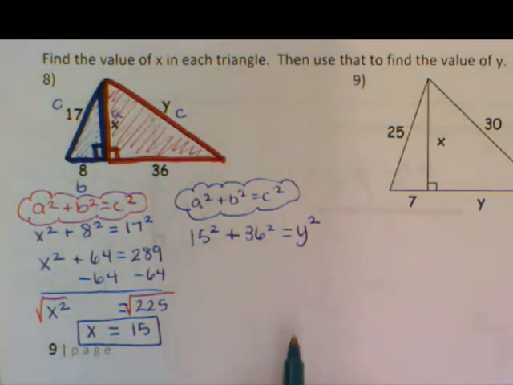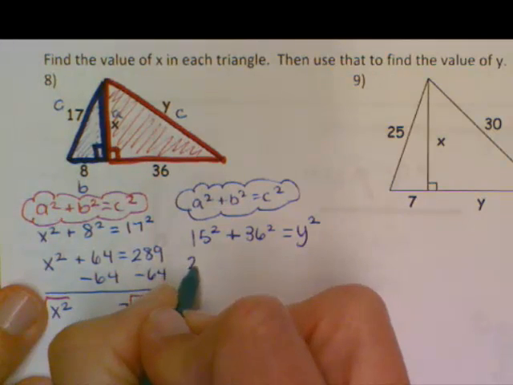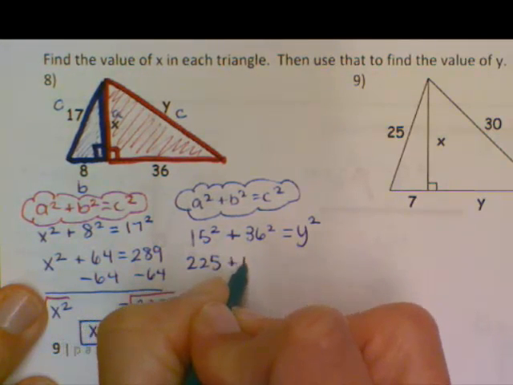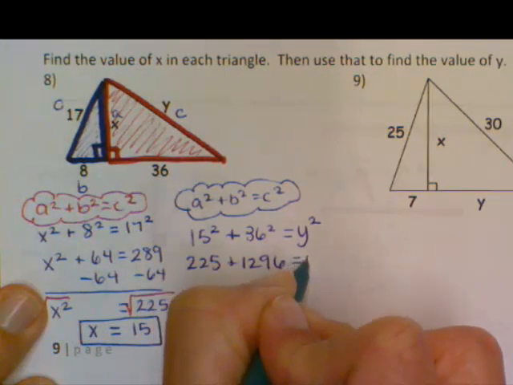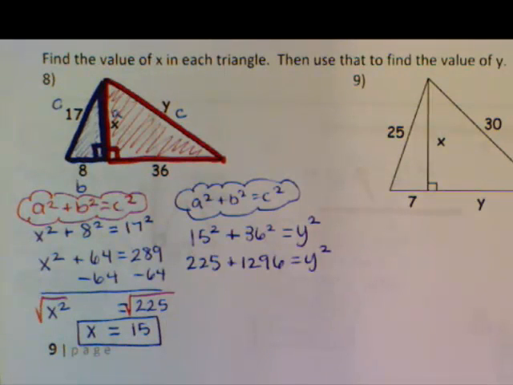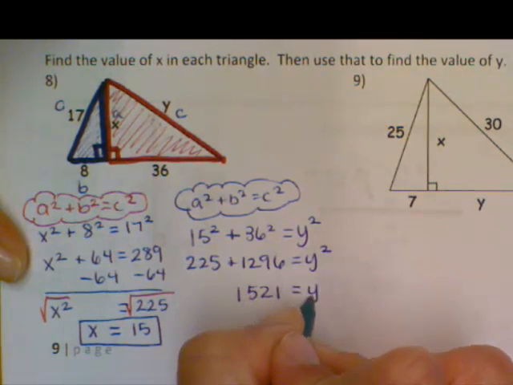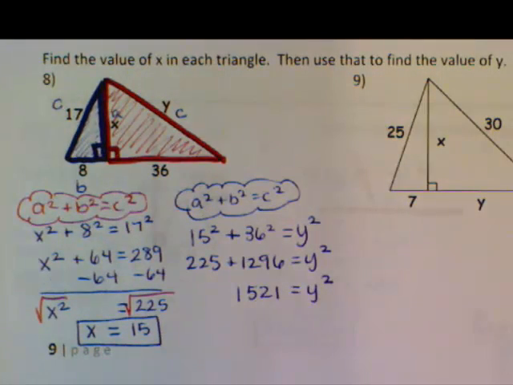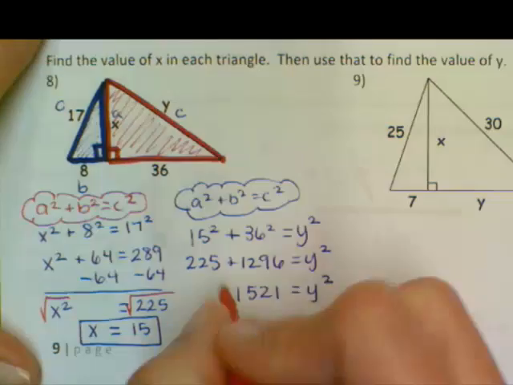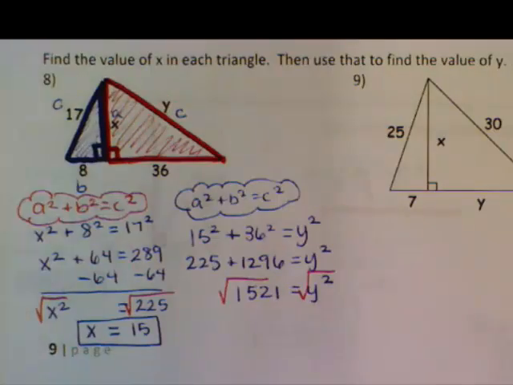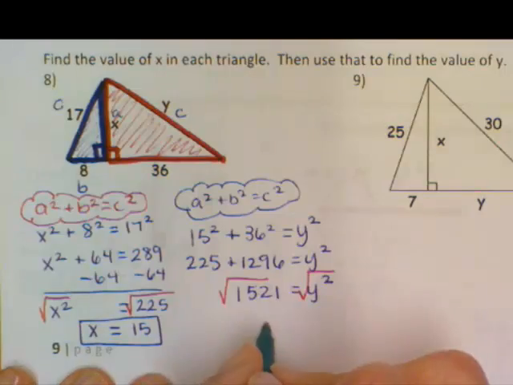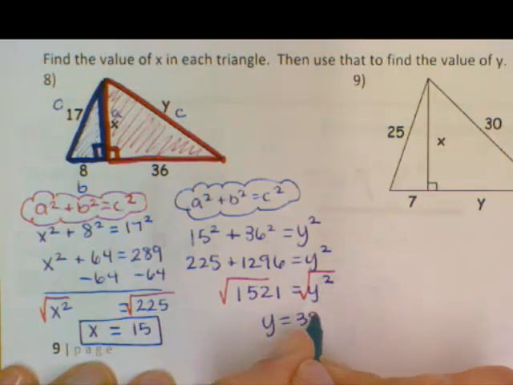And so then we can square 15 and 36. So we'll have 225 plus 1296 equals y squared. We'll add those together. And then we can square root both sides. And we'll see that y is 39.